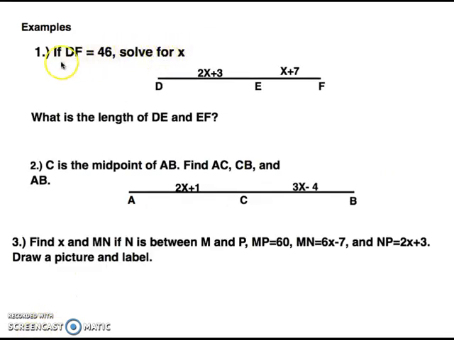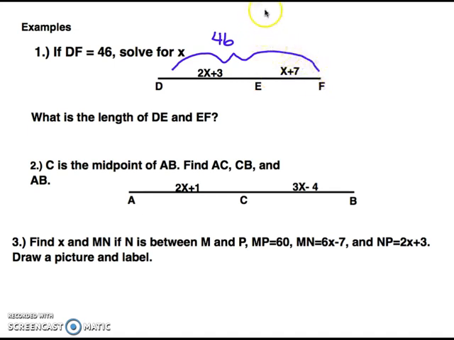Here are some more examples. If DF equals 46, we need to solve for x. So we can see here DE equals 2x plus 3 and EF equals x plus 7. So we need to write down what we know. So we know that DF equals 46. So that's the complete segment.